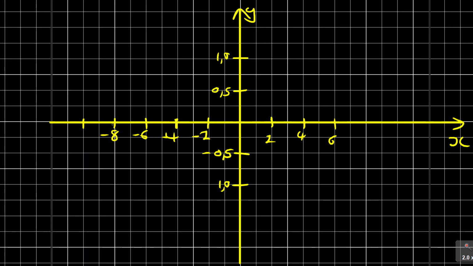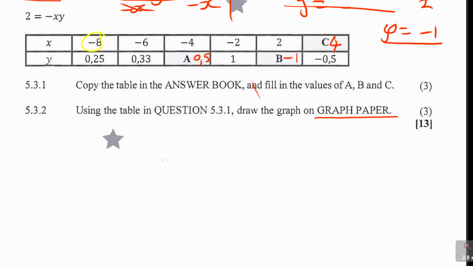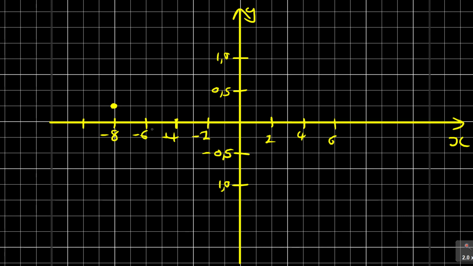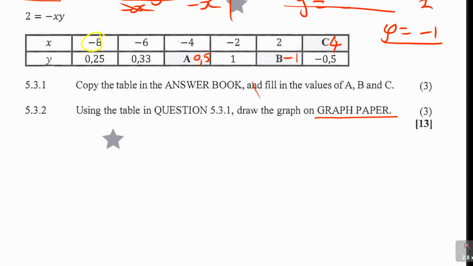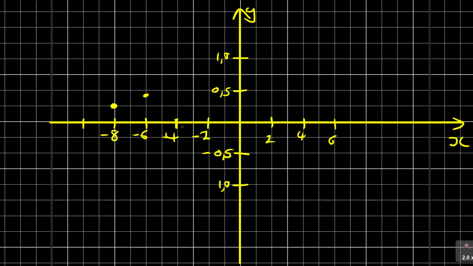Say -8, is it positive? So we have a point there, and the other one, -6 is 0.33. Somewhere there. -4 is 0.5. We've got it there.